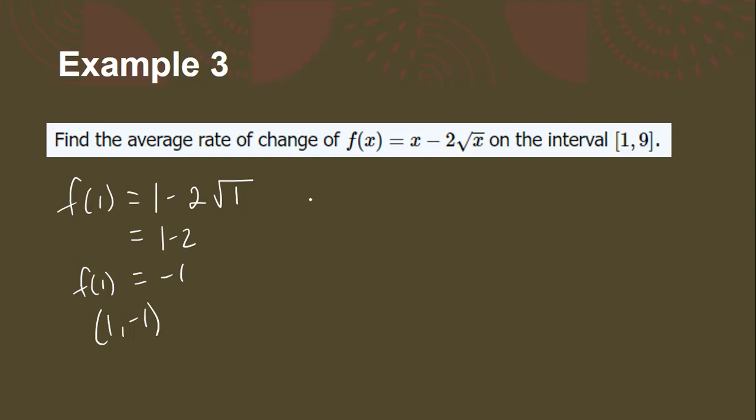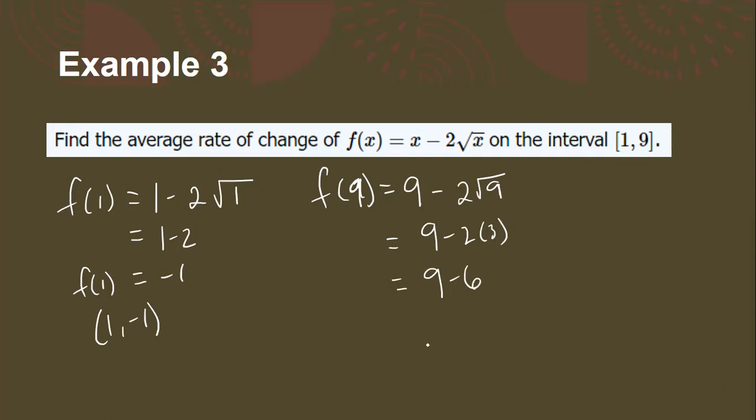All right. Now we're going to do f of 9. Same thing, right? These are an x and a y. No, I'm saying 9. Your interval is always x values. So we have 9 minus 2 square root of 9, which gives us 3. 2 times 3 gives us?